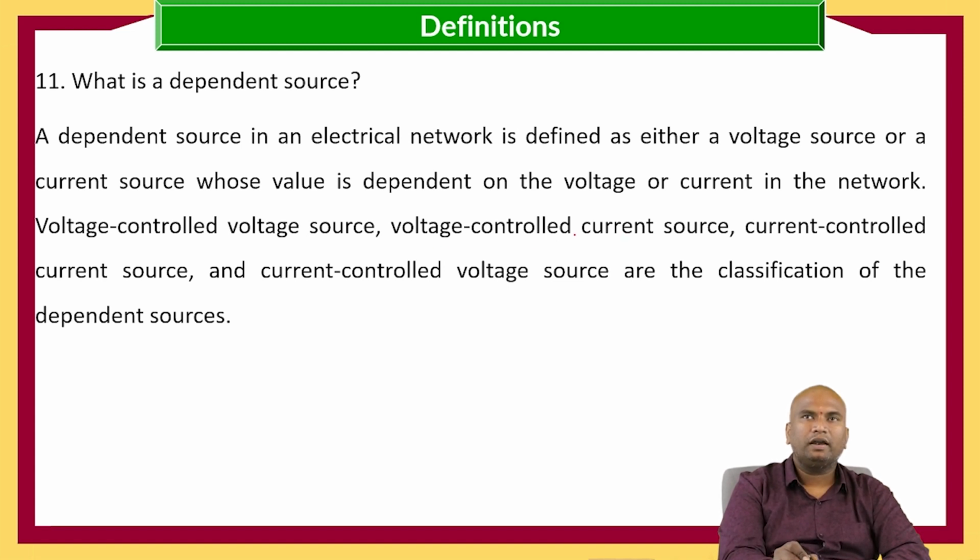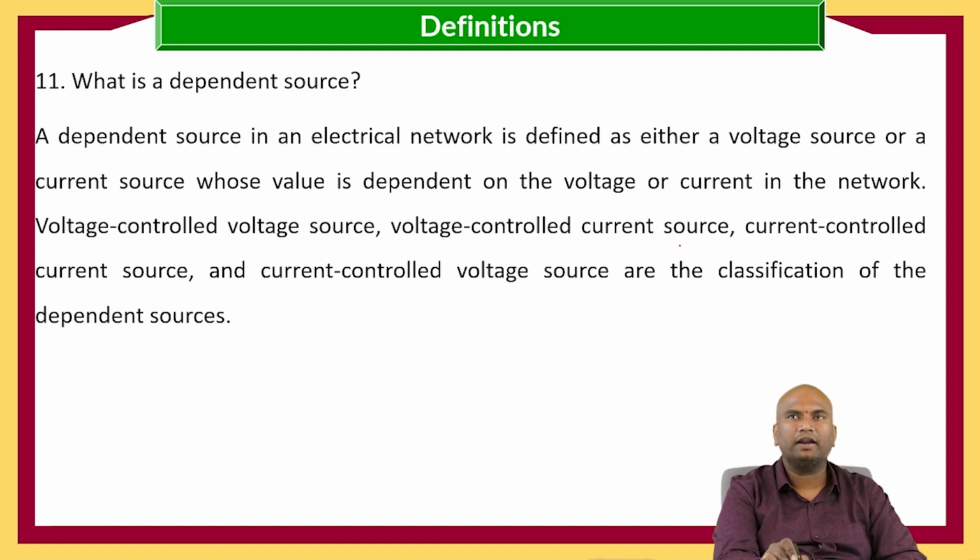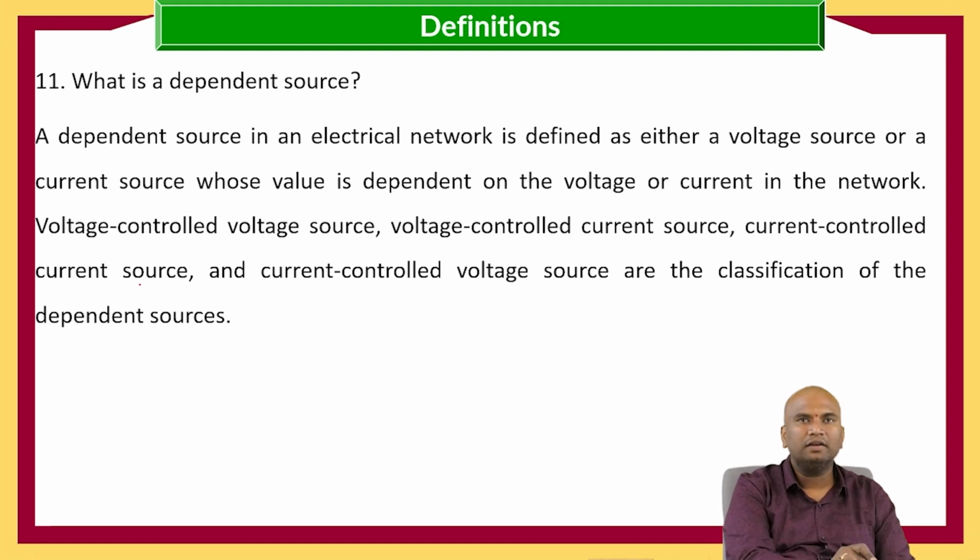If a voltage of any other parameter in the circuit is controlling the current source, then that is called a voltage controlled current source. The next one is the current controlled current source. That is, current in any part of the circuit is controlling the magnitude of the current source.